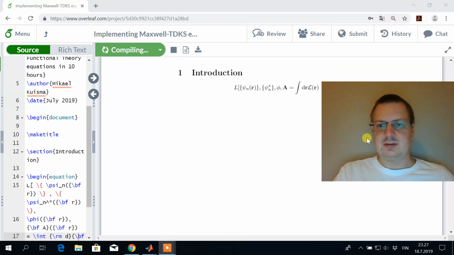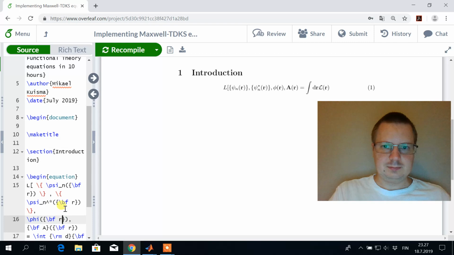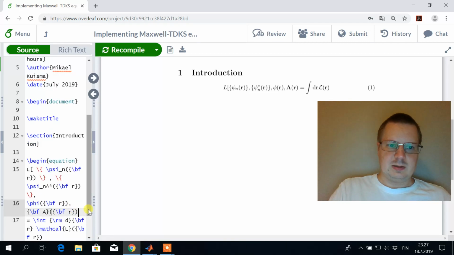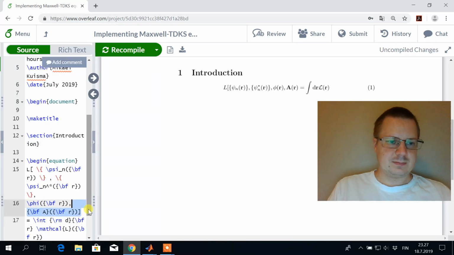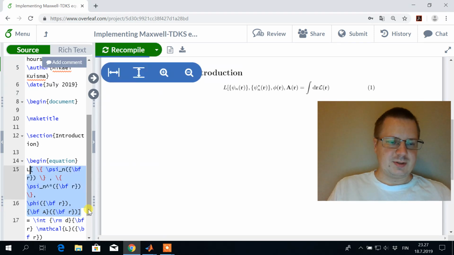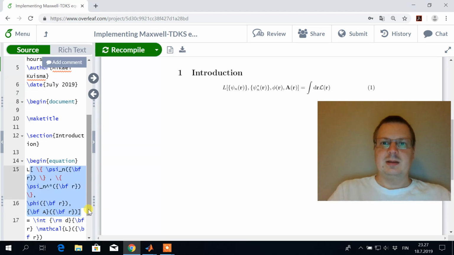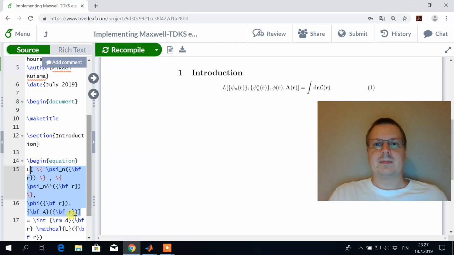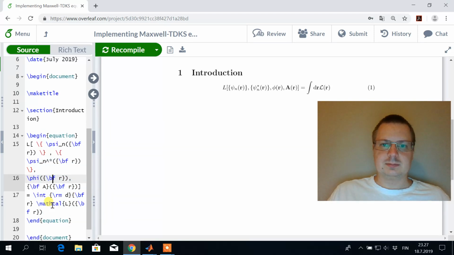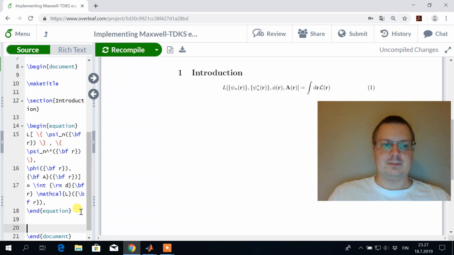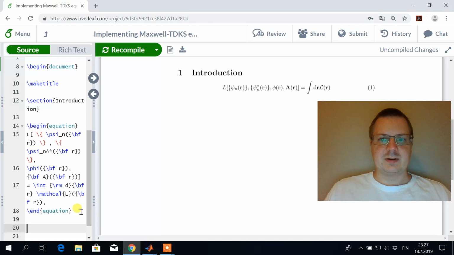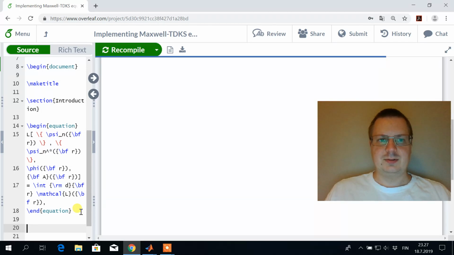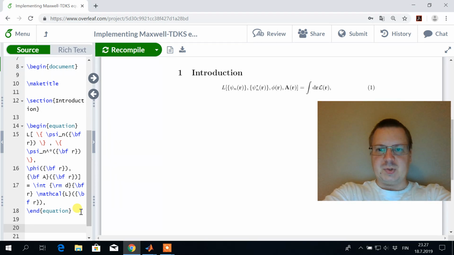So let's see what it looks like now. And naturally the Lagrangian density depends on the same things. Then we can start writing the Lagrangian density, and let's do two parts separately.